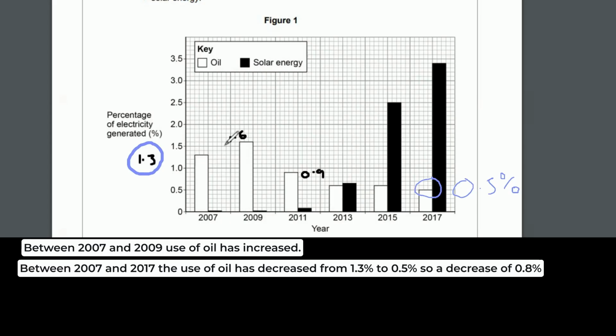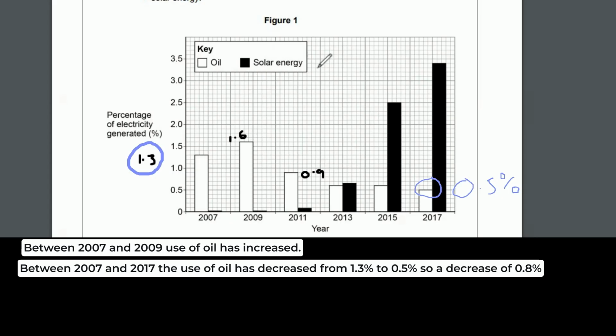We can say this was a 0.3% increase. So you can talk about the difference in the percentage increase, or you can quote both numbers. You can say from 2007 to 2009, it increased from 1.3 to 1.6. And then from 2009 to 2011, the amount of oil used in electricity generation decreased, and give an example: it went from 1.6 to 0.9.